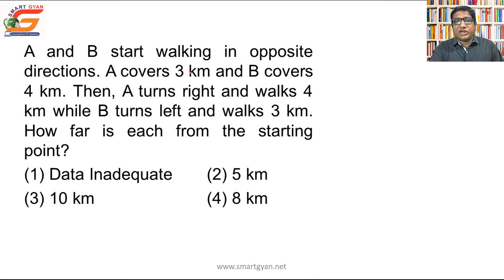A and B start walking in opposite directions. A covers 3 km and B covers 4 km. Then A turns right and walks 4 km while B turns left and walks 3 km. How far is each from the starting point? A and B start walking in opposite directions. Here two situations arise.